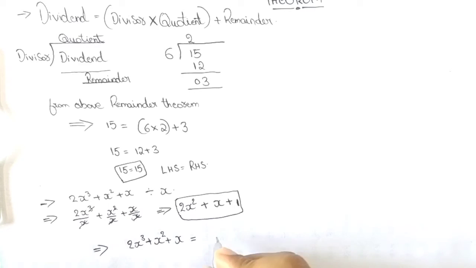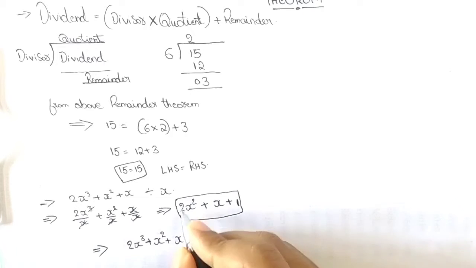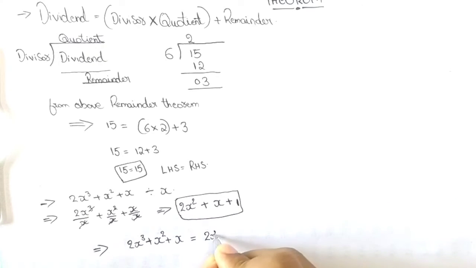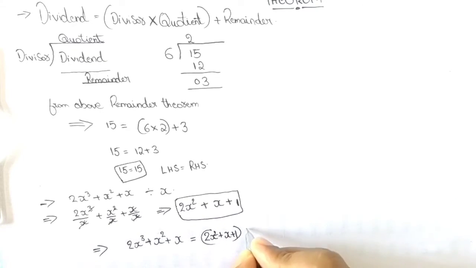Dividend is equal to divisor x multiplied by quotient. This is the quotient part. I will multiply the quotient with the divisor, and the remainder is 0 here. Why?